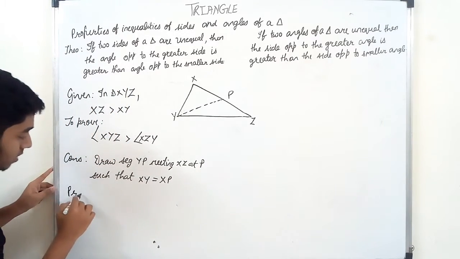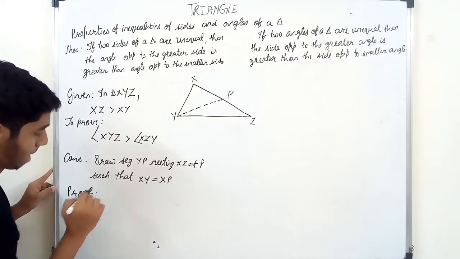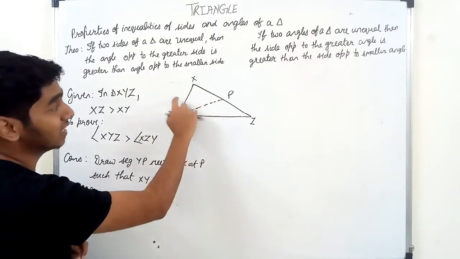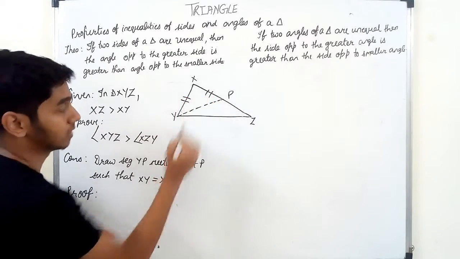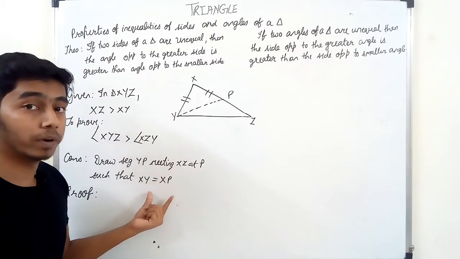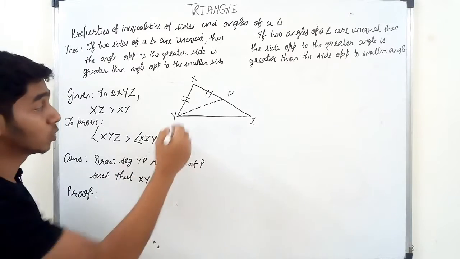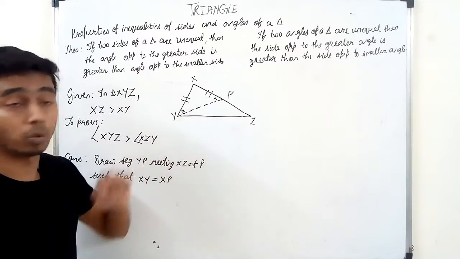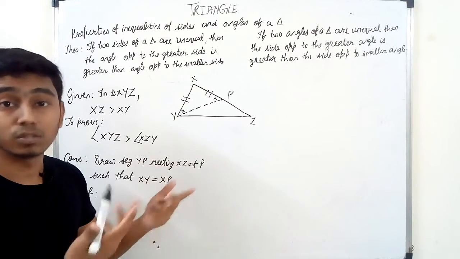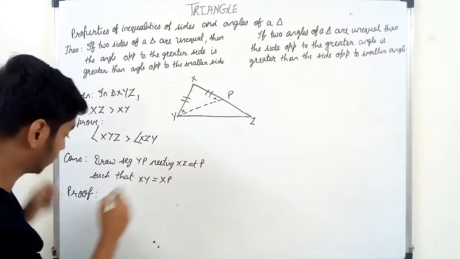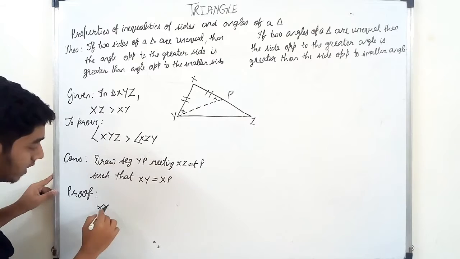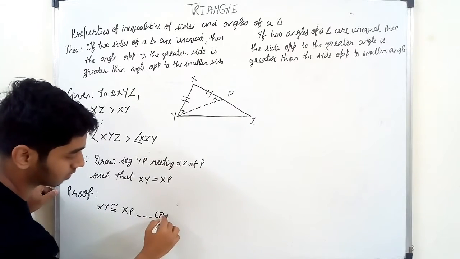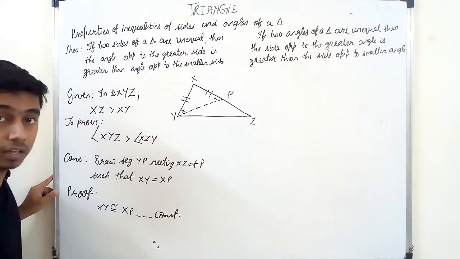So the proof says, first of all, if you see these two sides we have taken as congruent from construction. So can we say that this angle and this angle, they both are congruent also? Why? Isosceles triangle. Therefore let's write that. So XY is congruent to XP, construction, correct?